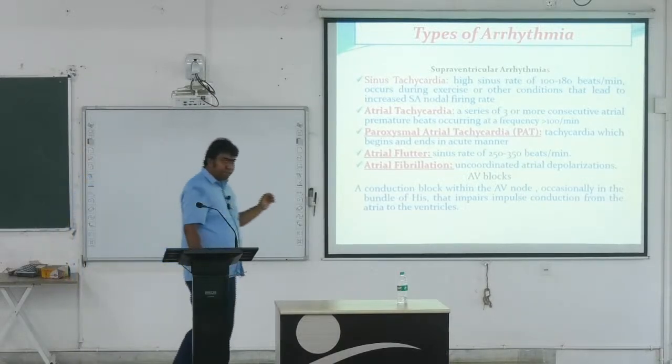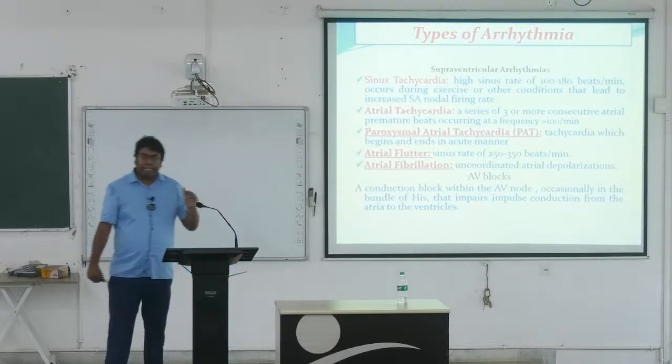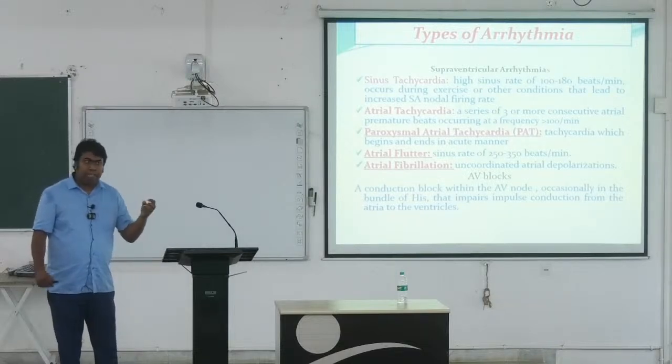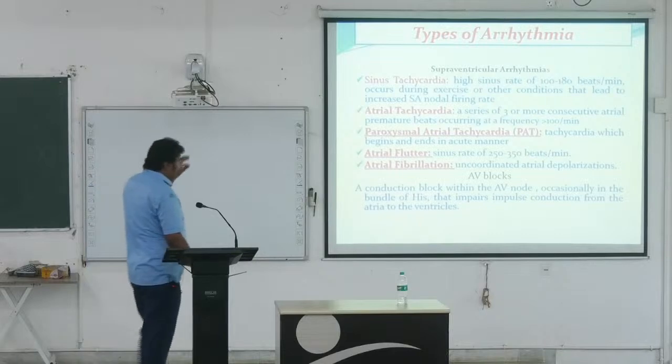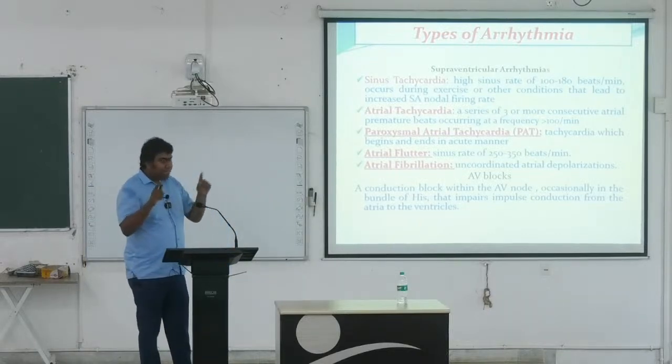Atrial tachycardia. What is the difference between sinus tachycardia and atrial tachycardia? In sinus tachycardia, all impulses are generated from the SA node. In case of atrial tachycardia, there is generation of impulse from the atrium other than the SA node.